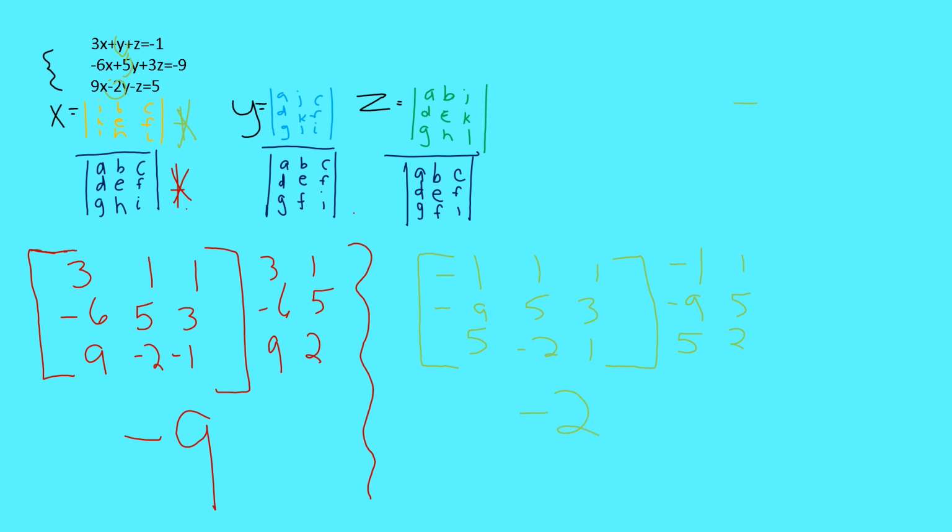So -2 over -9, the negatives cancel out, and our x to the system of equations is going to be 2/9.